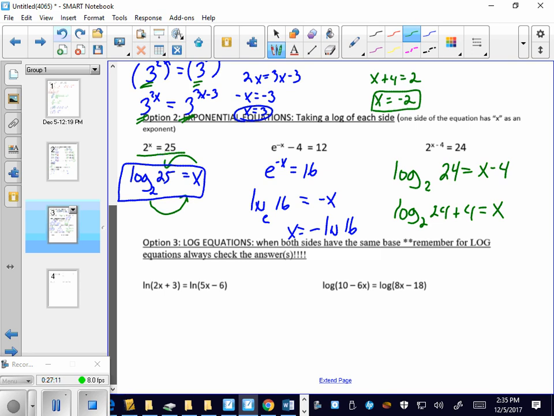The problem with that is I don't know if I'm taking the log of 24 plus 4 or the log of 28, or if it's the log of 24 and then I'm adding 4 to the end of it. Because of that, we don't write the plus 4 on the right side of the log. We're actually going to write the plus 4 on the left side. So when I add this 4, it's going to go in front of the log.